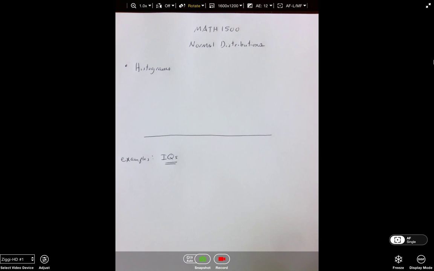Therefore, the histogram of those scores exists in theory. We can't collect them, but they exist in theory. Now, we could go out and get a sample and do a histogram on the sample scores and get something maybe bell-shaped and symmetric. But guys, we're moving into a different dynamic here. We're moving into a histogram for an entire population, which can't be collected physically, but can be thought about theoretically.